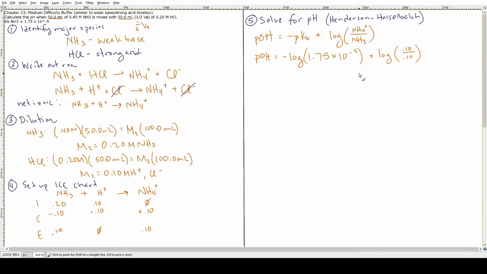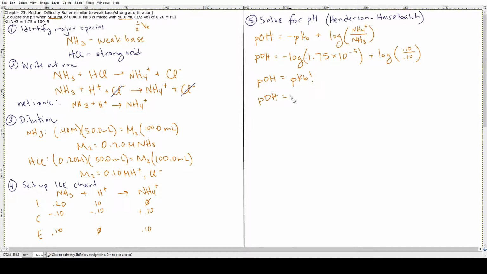Now, if you were to plug in the log of 0.1 over 0.1, you would just end up with 0. It comes out to 0. So in this situation, the pOH is going to be equal to the pKb. So that's pretty cool.